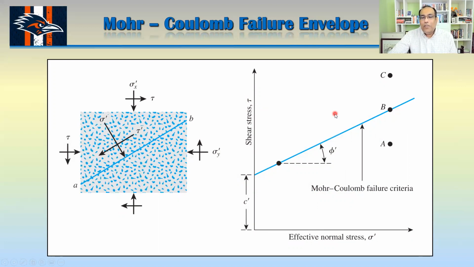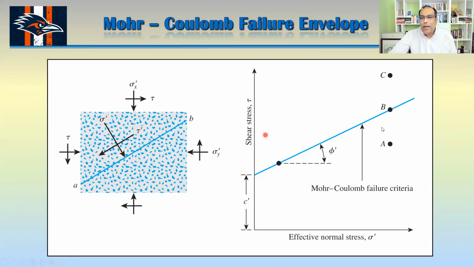Now, if you apply loading to the soil and plot that effective stress versus your shear stress, and you get the point here, this means this is below the failure line, so the soil is not going to fail. Okay, now if you increase your shear stress, then this point is going to move to here, and as soon as it touches this failure line, it means the soil is going to fail.